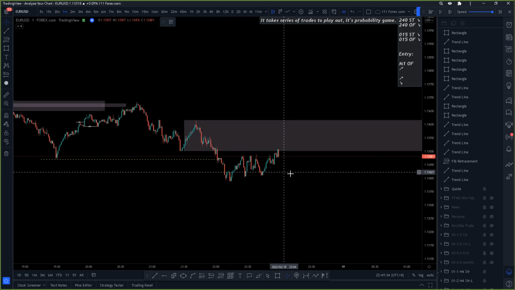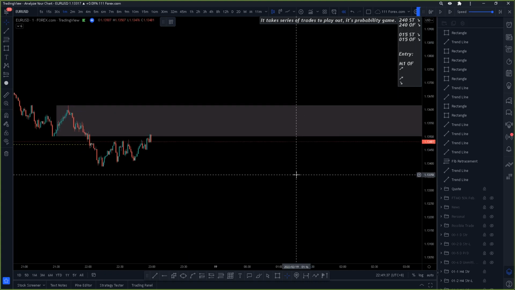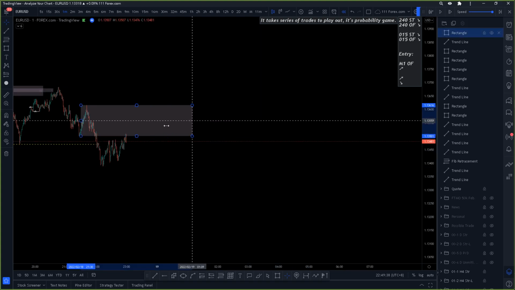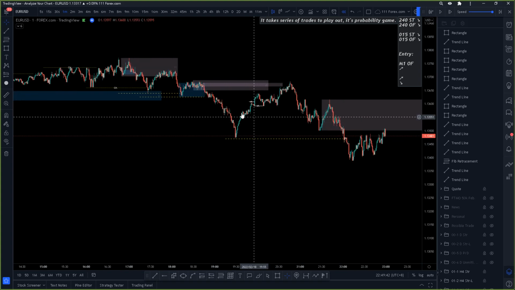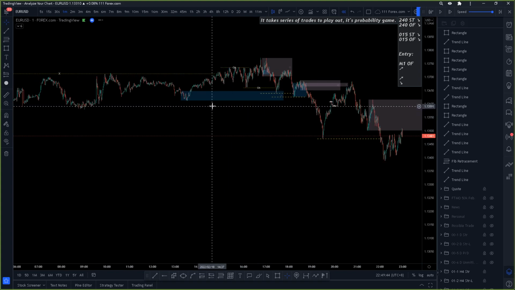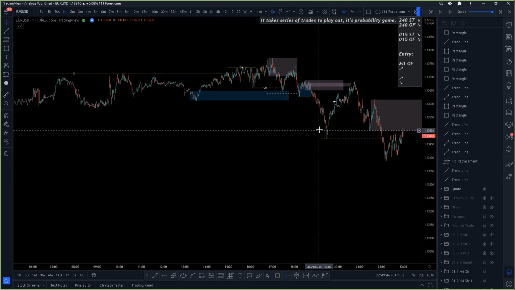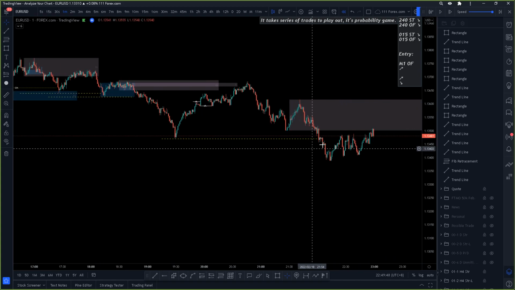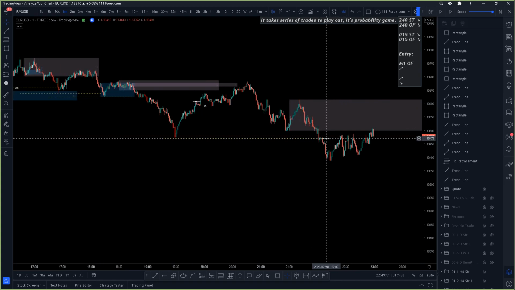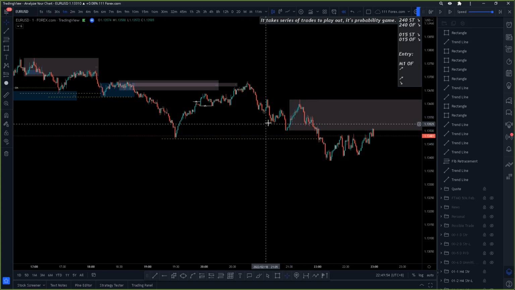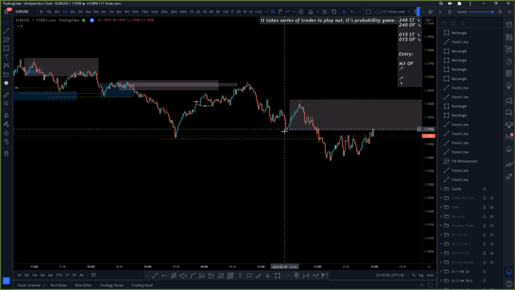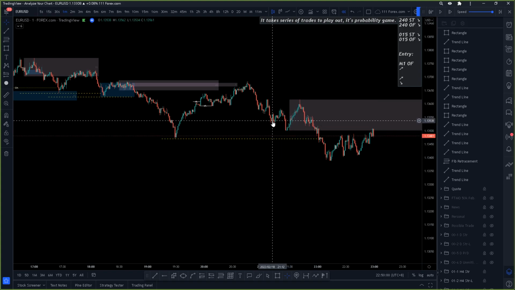Yeah, it breaks structure. Very one. I was stressed out at that point of time. Yeah, pretty much stressed out because it didn't follow the M1 order flow.